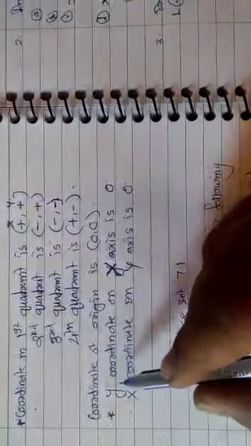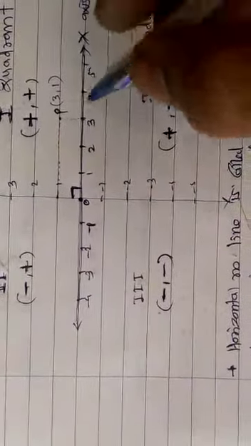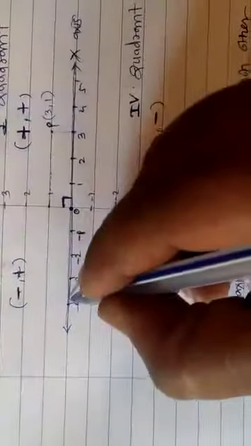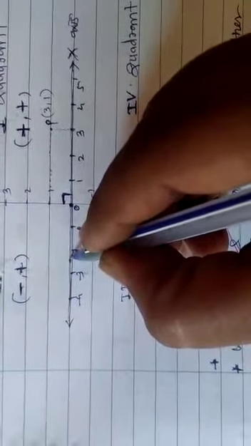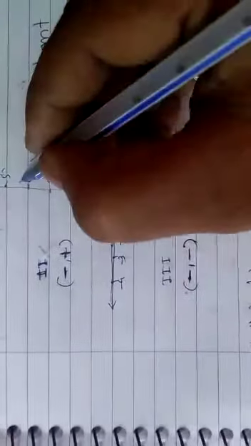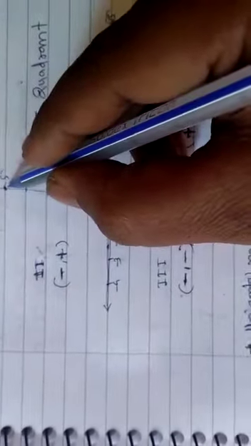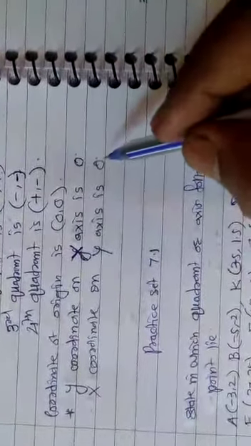Suppose point P is present on the x-axis, then the y-coordinate is 0. Suppose this point is here on the y-axis, the x-coordinate is 0 and the y-coordinate is 5. So by this way, the y-coordinate on the x-axis is 0, and the x-coordinate on the y-axis is 0.